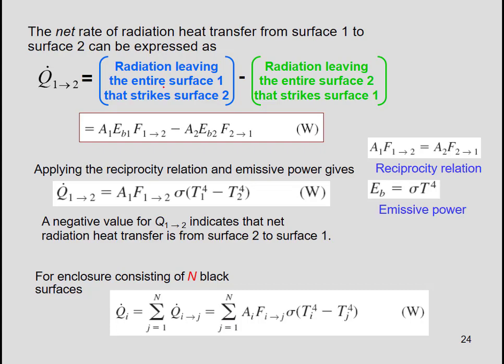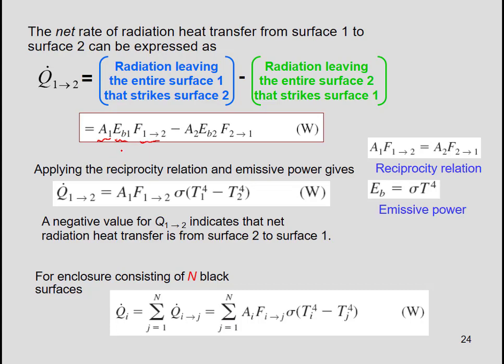Simply by substituting their values, radiation leaving the entire surface 1 means E_b1, or emissive power of surface 1, and the fraction of that which strikes surface 2 can be found by this view factor.